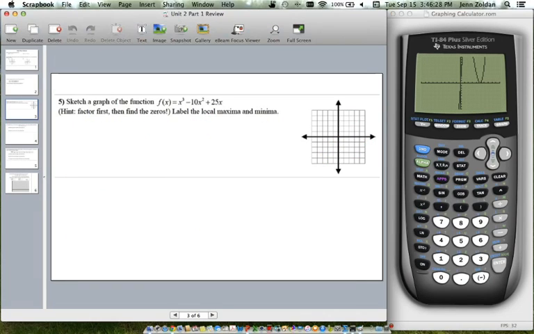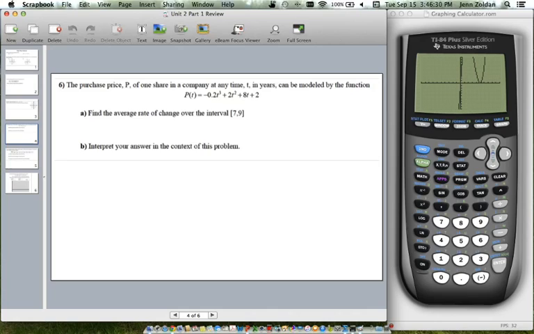Alright, let's look at number 6. So number 6 is the average rate of change. So the price P of one share in a company at any time t years can be modeled by the function P of t equals negative 0.2 t cubed plus 2t squared plus 8t plus 2.